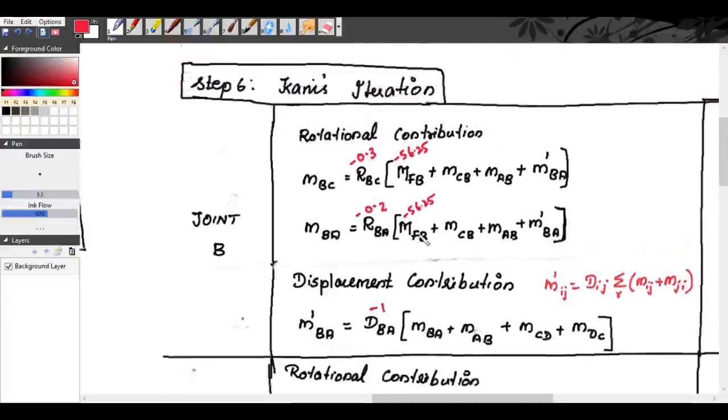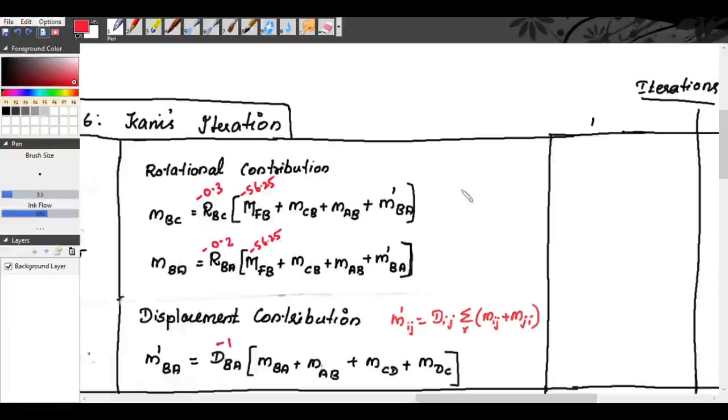For the first iteration, the rotational contribution MBC will be equal to minus 0.3 multiplied by minus 56.25, and these other things remain 0 because this is the initial iteration. So for the first iteration we get MBC is equal to plus 16.88. For MBA, it is minus 0.2 into minus 56.25 plus these values remain 0.